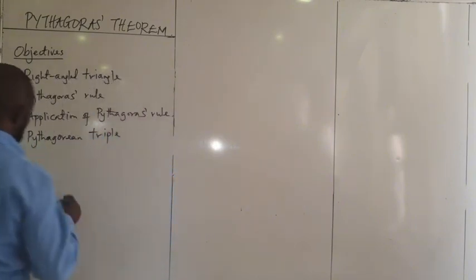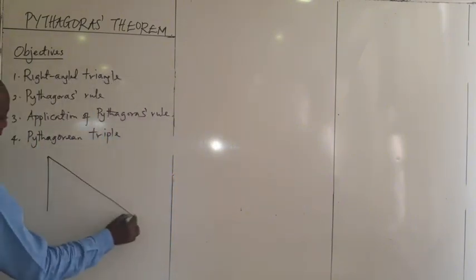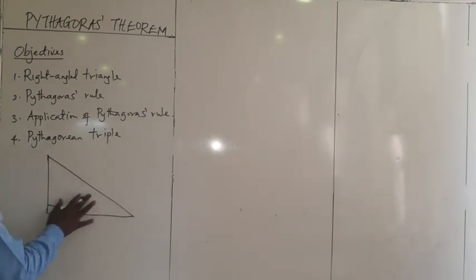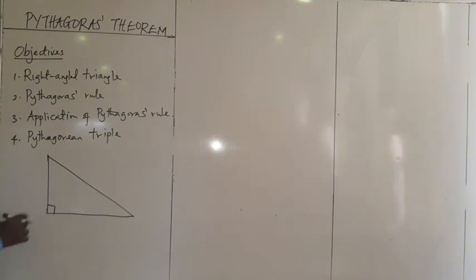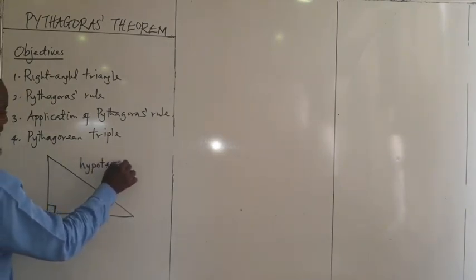A right angle triangle is this. It's a triangle that has a right angle, that is, angle 90 degrees. So this is a right angle triangle. Now under this right angle triangle, there are some things you need to know. The side that is facing angle 90 degrees is called the hypotenuse.